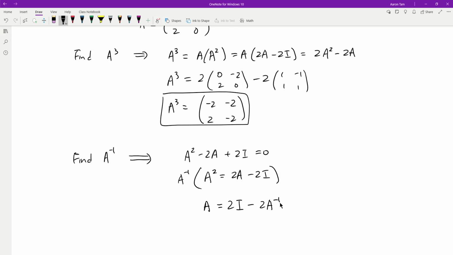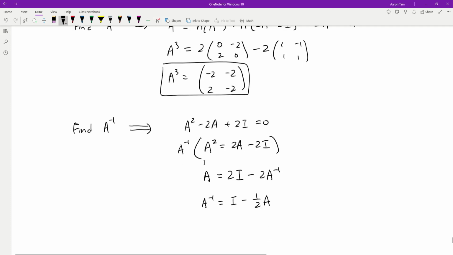Now once again look at this equation. This equation lays three matrices together: A, I, and A inverse. But we already know I, because of the identity matrix. We are also given A. So now all I have to do is solve for A inverse. So I can say A inverse would be I minus 1/2 A, by simply moving it over and dividing by 2.